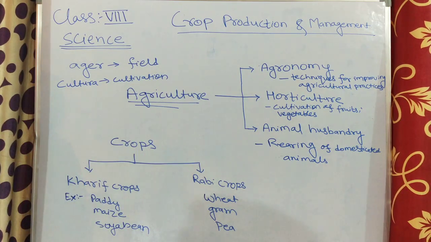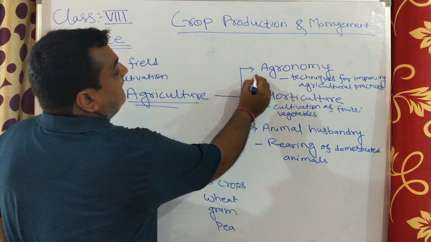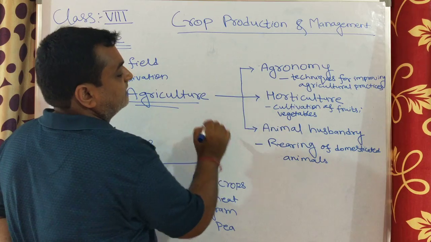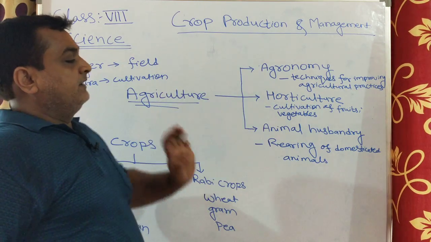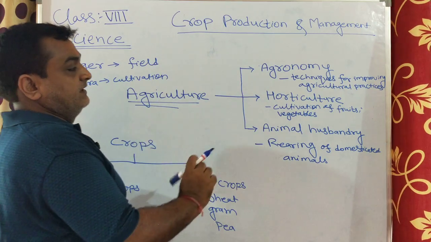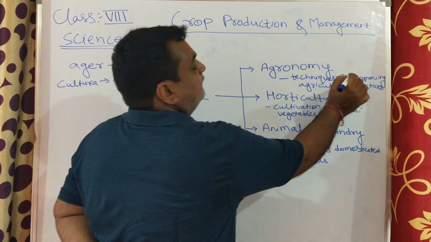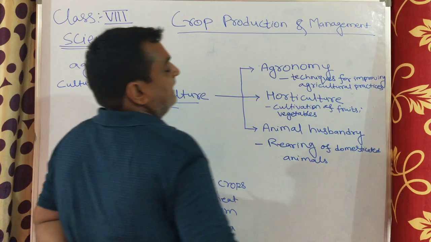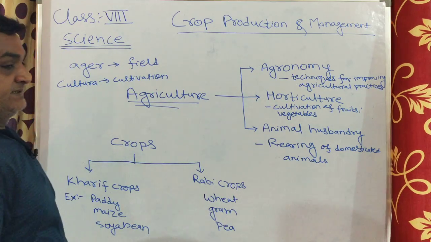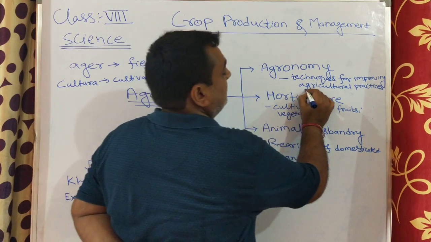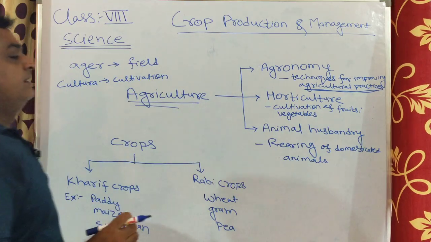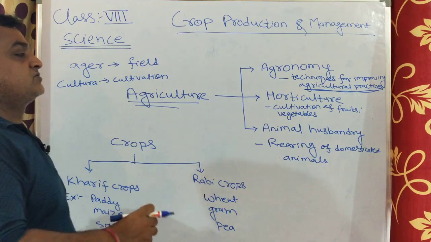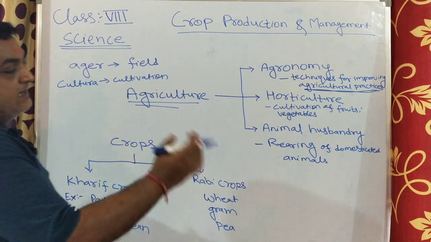And agriculture is classified as agronomy, horticulture and animal husbandry. Now agronomy deals with the techniques for improving agricultural practices. Here a farmer has to perform different tasks like leveling the soil, sowing of seed, that we will study later in this chapter.